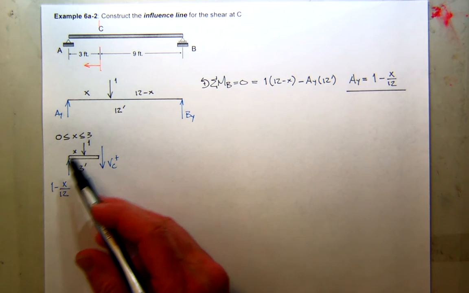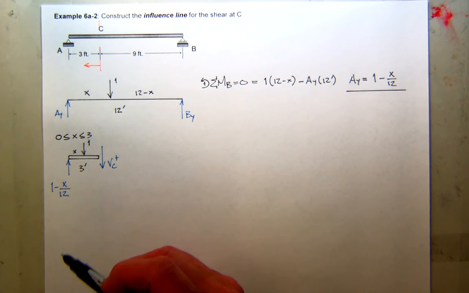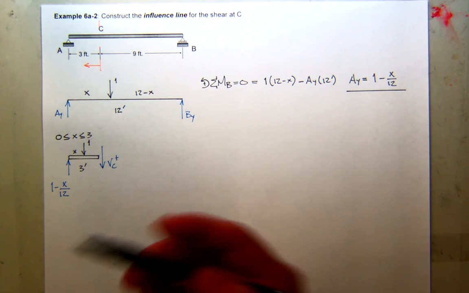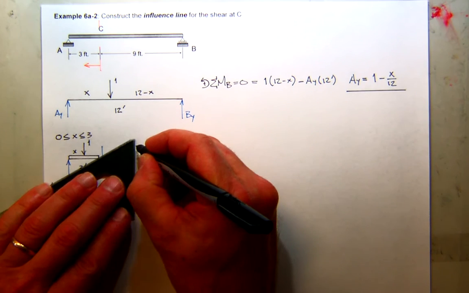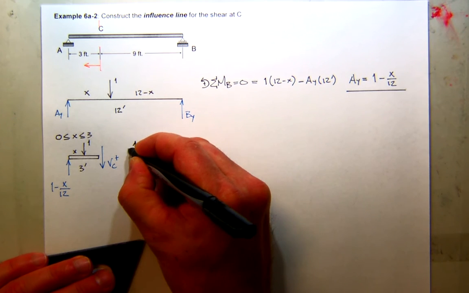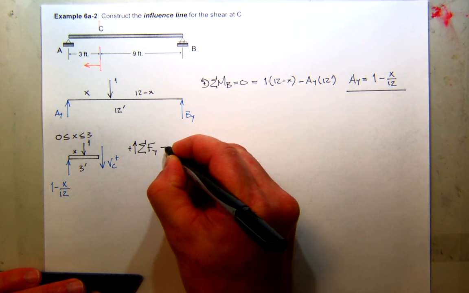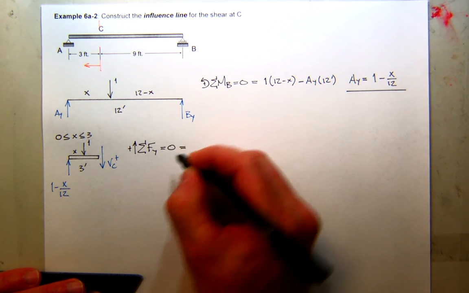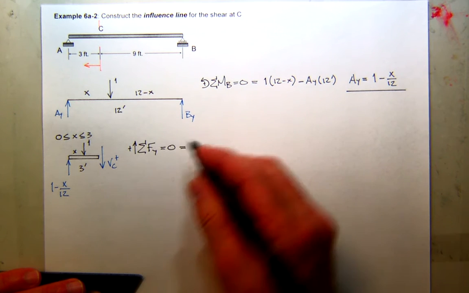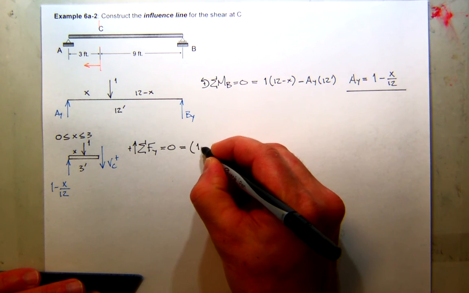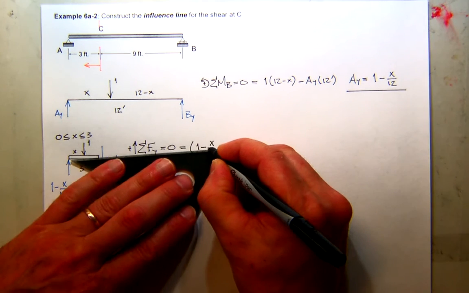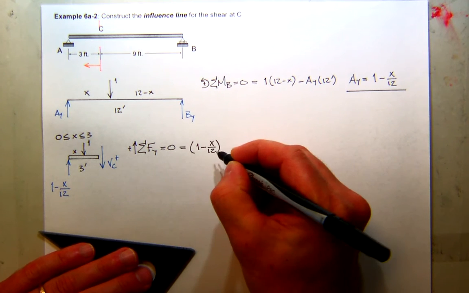Everybody see that? So how do I find the shear at C? Sum forces in the y. We'll assume up is positive, and if you sum forces in the y direction to make sure it's in equilibrium, what do you get? I've got my reaction at A up, which is (1 minus x) over 12.